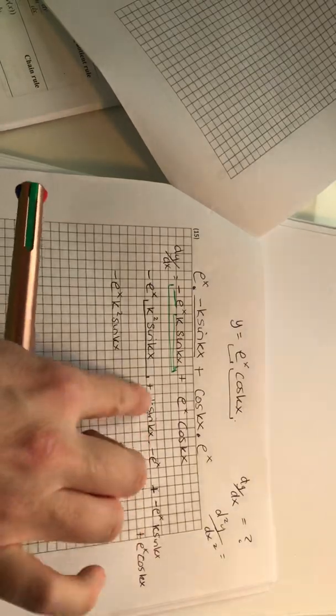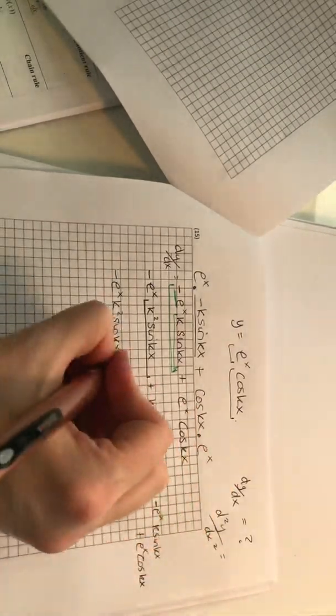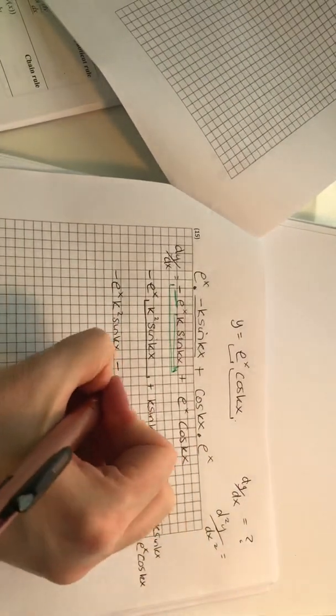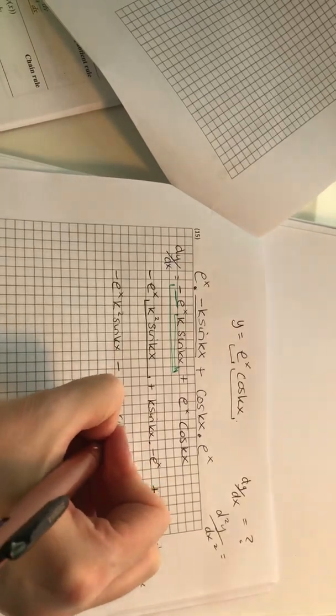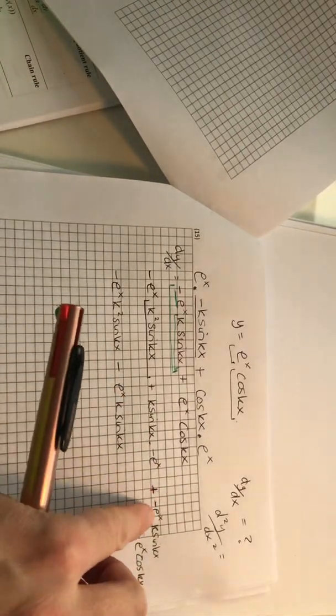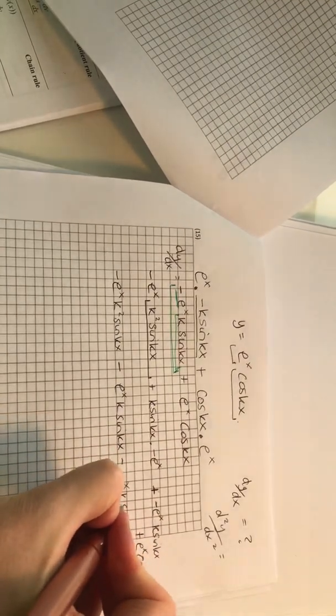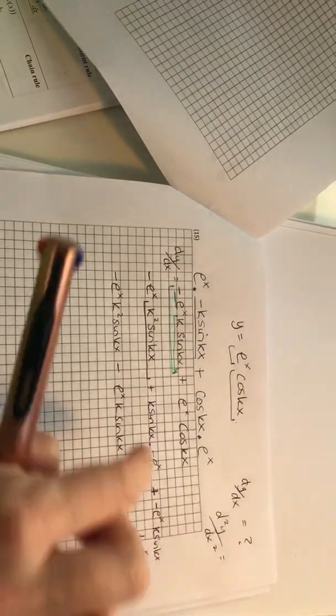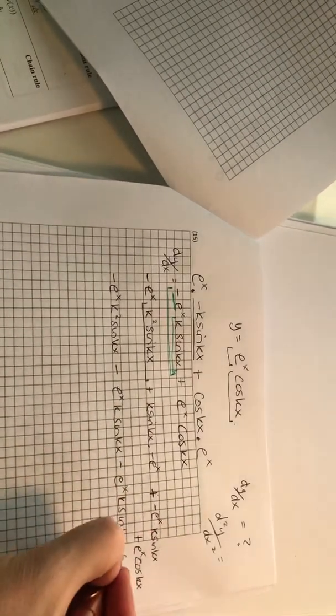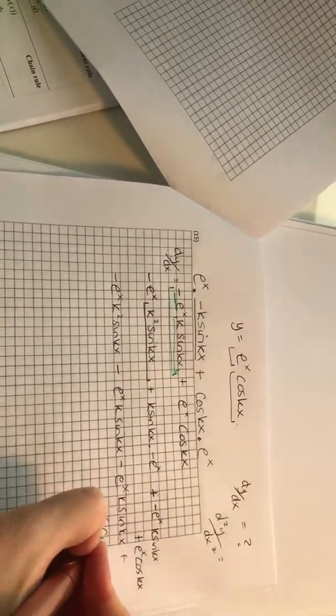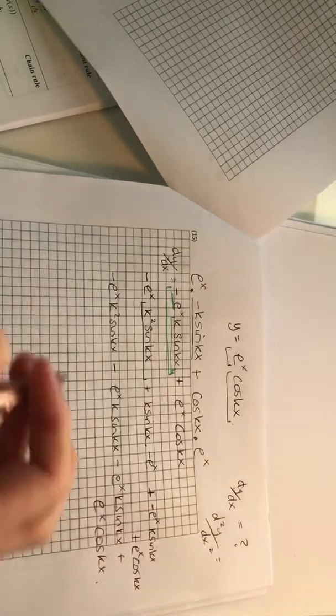Again, we have these multiplied out, so that's plus by a minus is a minus. I'm going to put the e to the x first, k sine kx. We have a minus e to the x, k sine kx. So now we're down 2 of them, plus an e to the x cos kx.